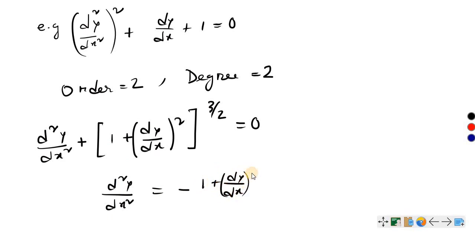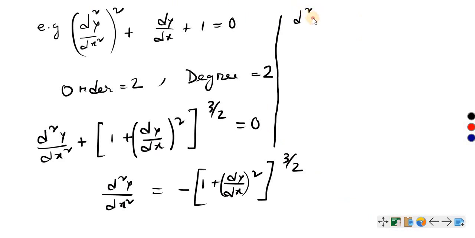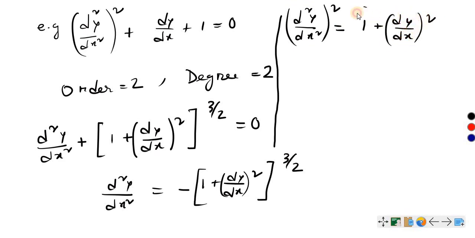We can write this in this form, the power 3 by 2, and thereafter we can write d square y by dx square whole thing squared is equal to 1 plus dy by dx square and whole thing cubed. Now you can justify what is the degree and what is the order here.